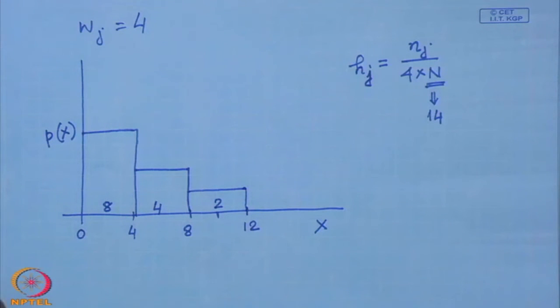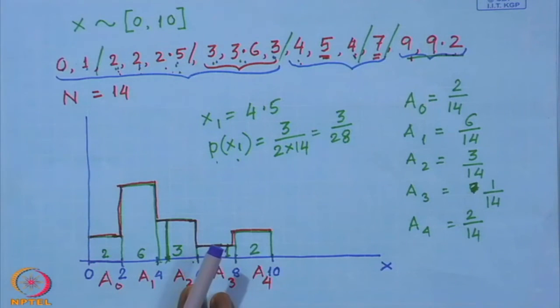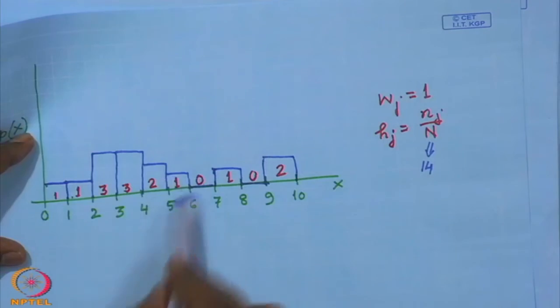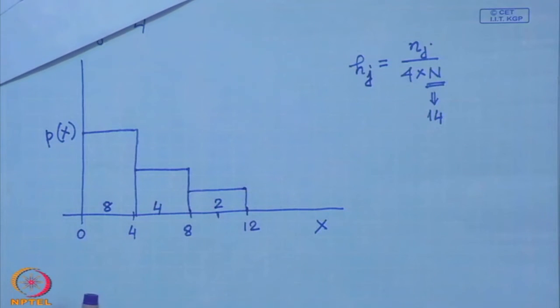So, if I use a bin size of 2, then this is the probability density estimate. If I use a bin size of 1, then this is the probability density estimate. If I use a bin size of 4, then this is the probability density estimate.